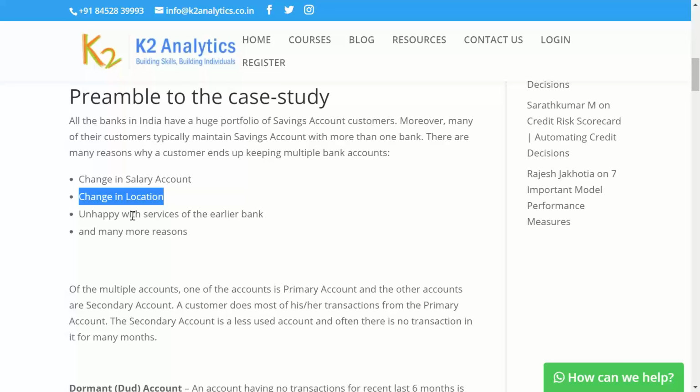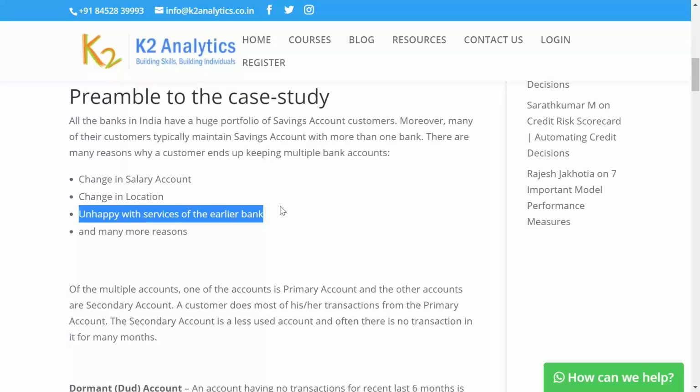That's the benefit. Sometimes we change our banking relation just because certain services have not been delivered properly by the customer relationship manager, and as such, we switch our account. There are many such reasons for which we have multiple bank accounts.